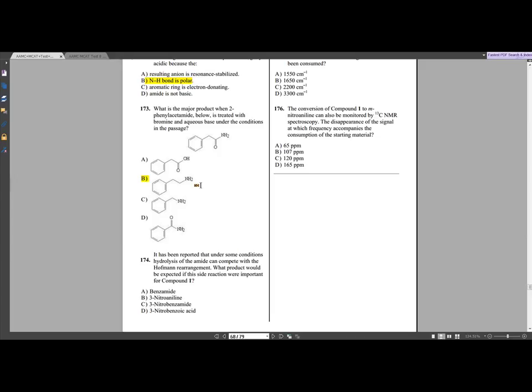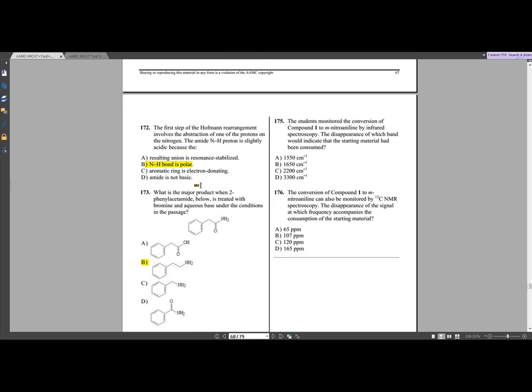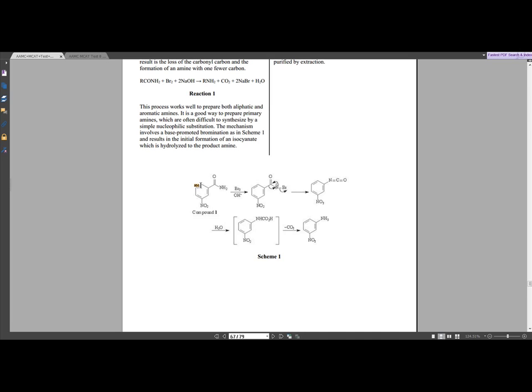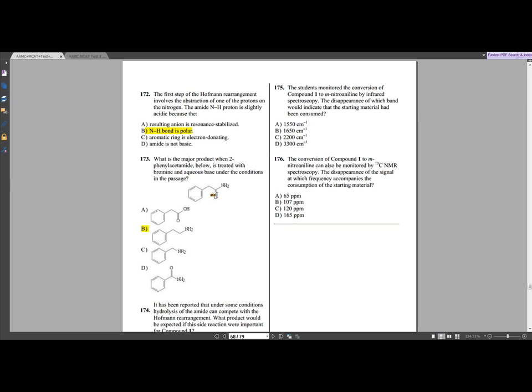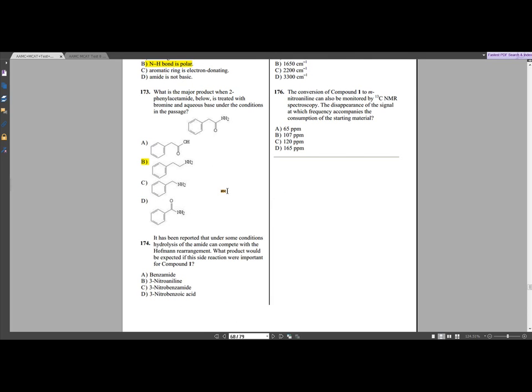What would be the product? So you have compound 1 undergoing hydrolysis of an amide. Well, this is the amide, and hydrolysis would be using water to break it.